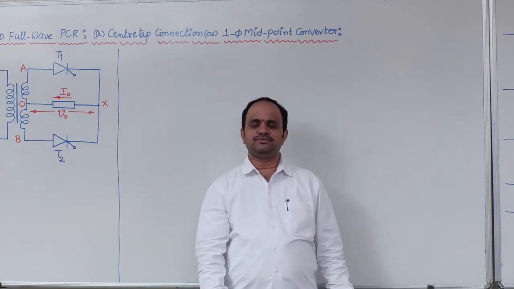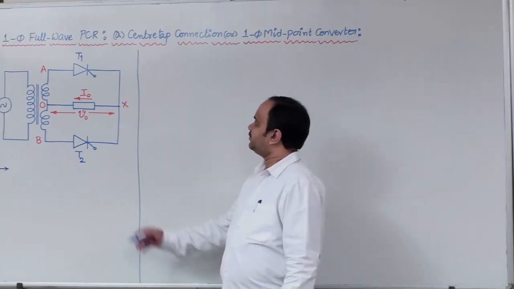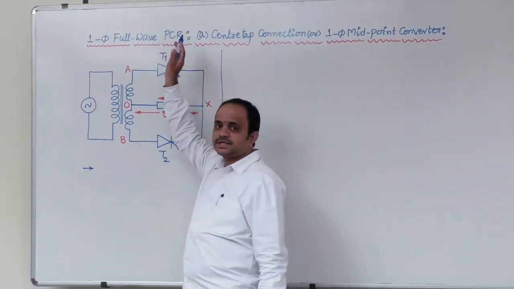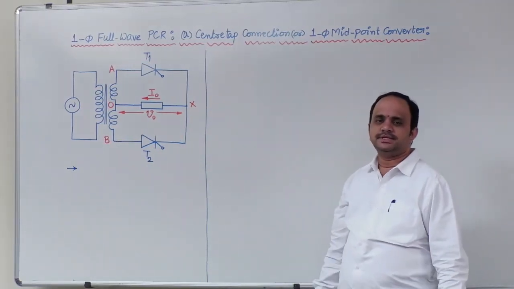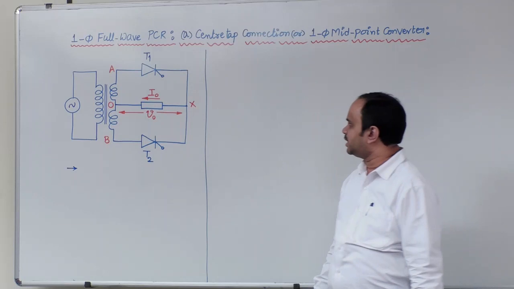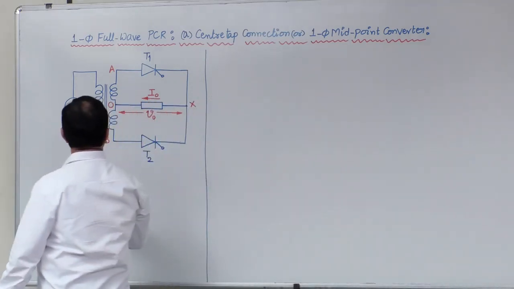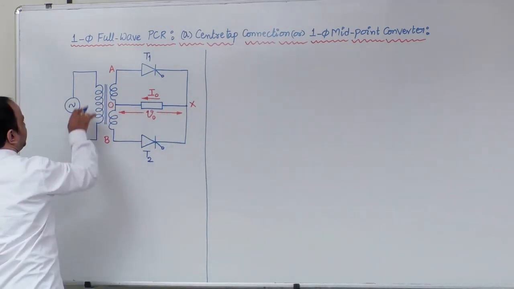Okay. So first let us start with the single phase full wave phase controlled rectifier, and in that the first configuration is the center tap configuration. Now this is the circuit diagram. This is a center tap arrangement.